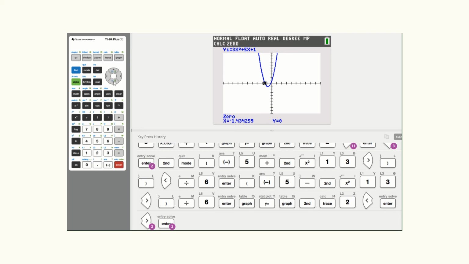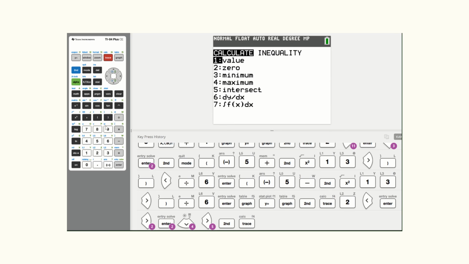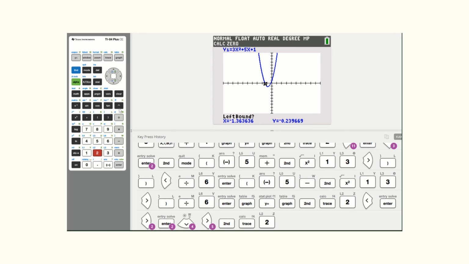And I guess I might as well do the other 0 too. So I just move the cursor along. Well, no, I'm going to hit 0 again. Let's go second trace 0. This time we're going to move it just under the x-axis because that's left bound.